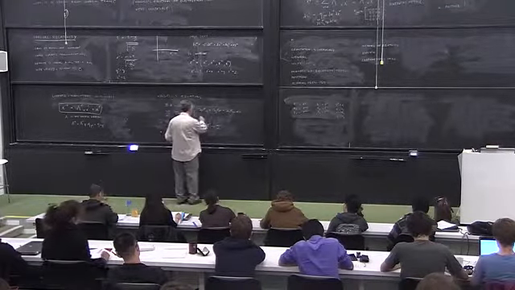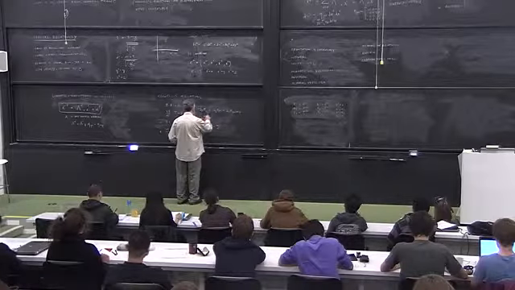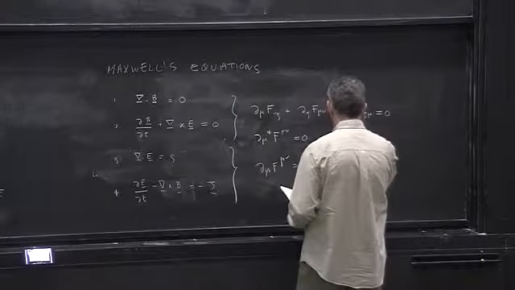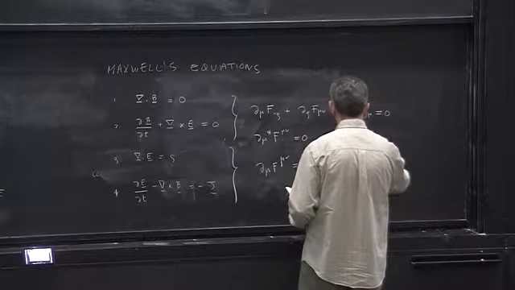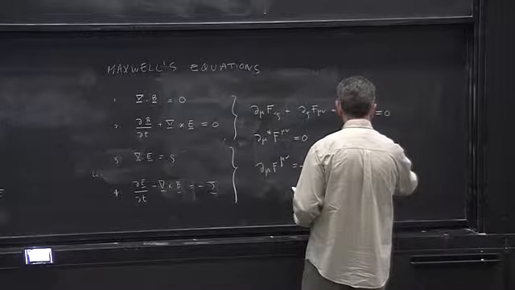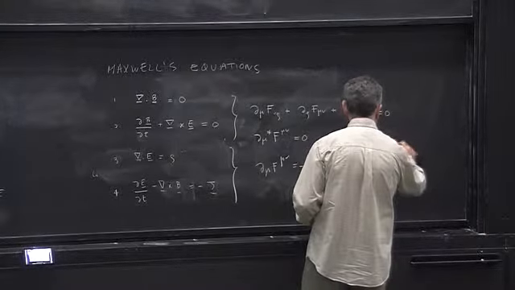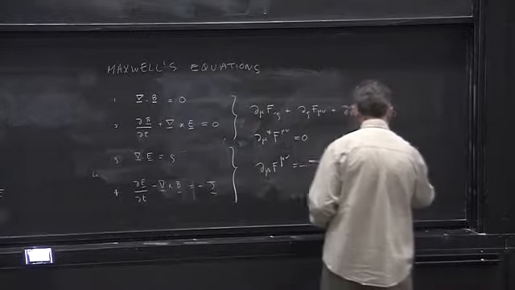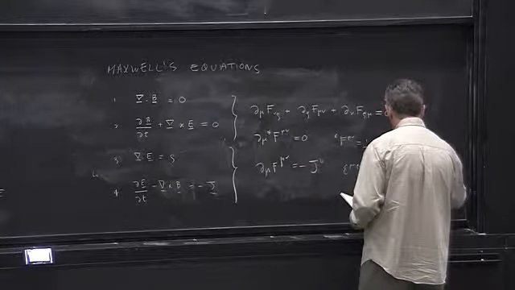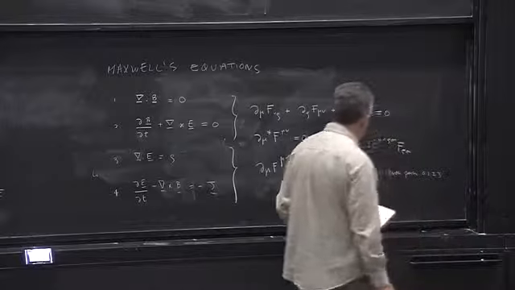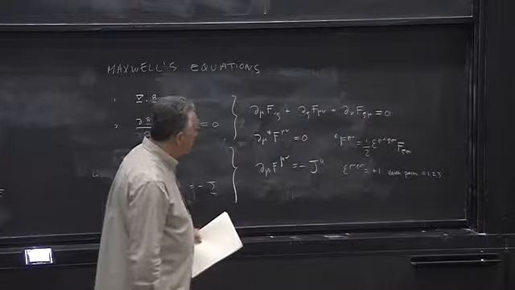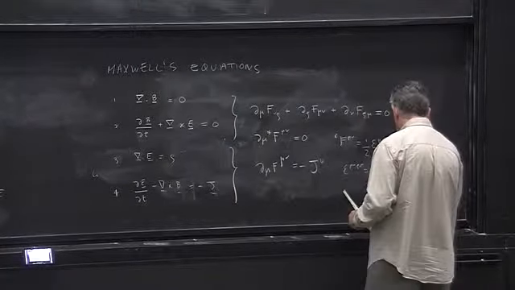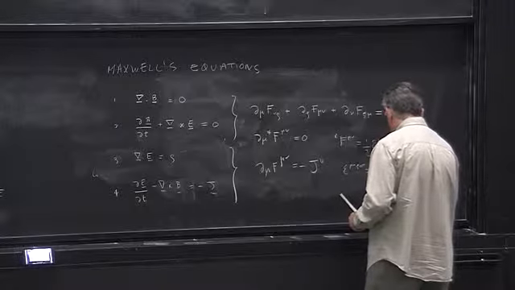You can even write this in a more suggestive form as d mu star F equals 0, where star F is, I think there's a factor of a half. And we'll be doing more about this in tensors, but I've introduced a 4-index tensor epsilon, which is equal to +1 if the indices are an even permutation of 0, 1, 2, 3, -1 if it's odd, and 0 otherwise.